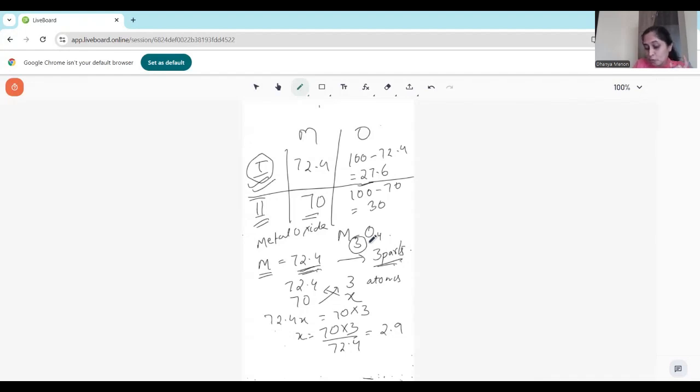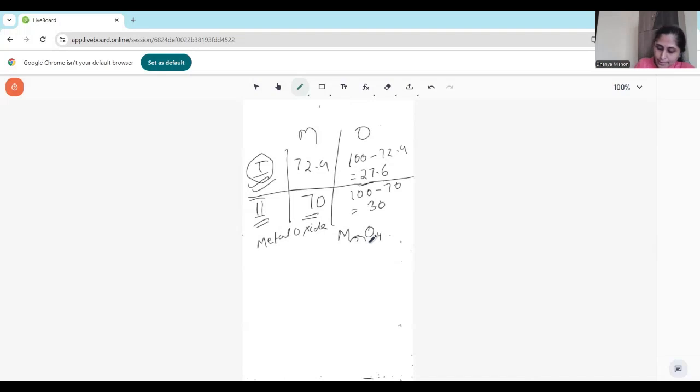If 72.4 refers to 3 parts of the metal, 70 will refer to how many metal atoms? I took it as X, cross multiplied, and got X as 2.9. I'll keep this aside because I have to find out for oxygen also.